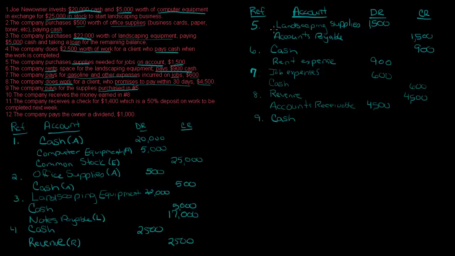Okay, so now let's look at this other entry. We had supplies increasing and accounts payable increasing. Now, I'm paying for the supplies I purchased here. Did I get more supplies? No, I didn't buy more supplies. Did I do something with the payable? Well, actually I did, right? I paid off that balance. So I no longer owe that vendor $1,500. I now don't owe them anything.